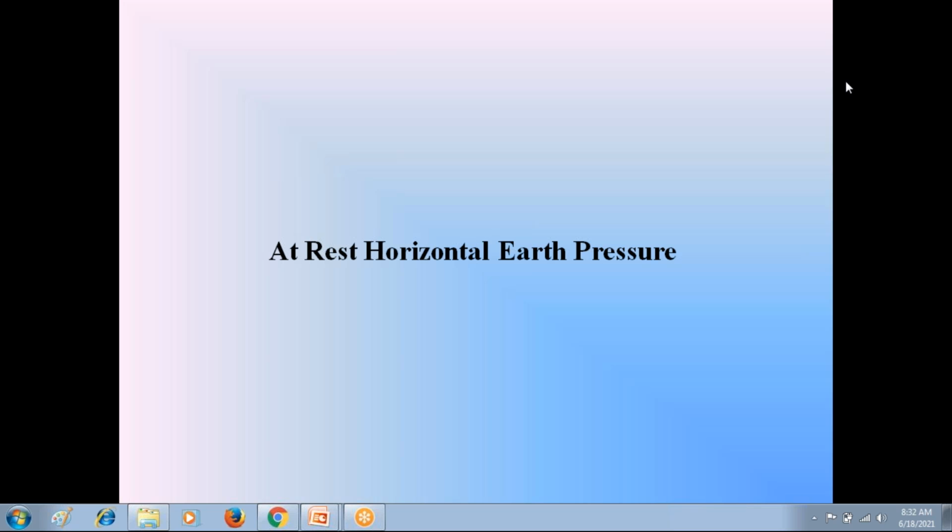So in the soil element along the horizontal direction, that is the x-axis, the strain EH is equal to 1 by E into sigma H, the horizontal stress, minus mu into sigma V plus sigma H.